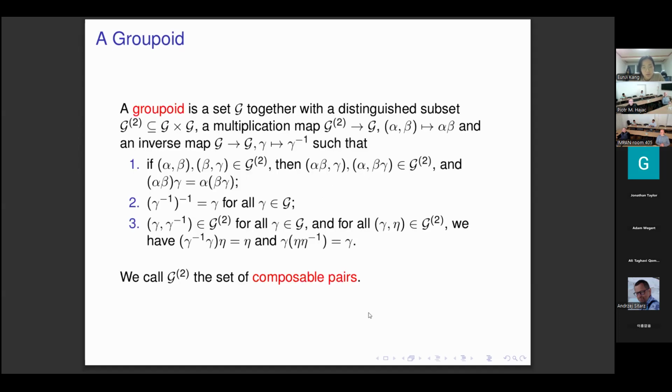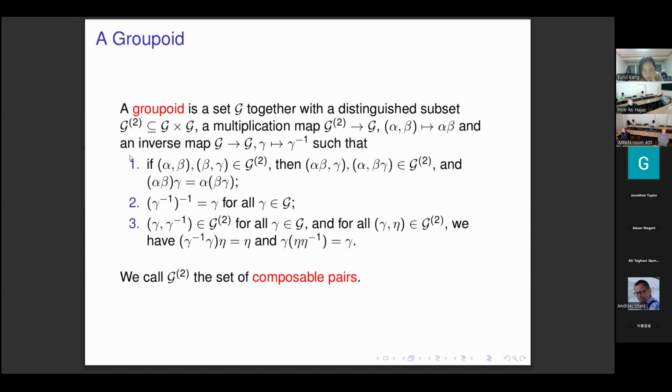So here is a formal definition. A groupoid is a set with two operations, the multiplication and inversion. Also, it has a subset called the composable pairs, G2, which tells us which elements can be combined.